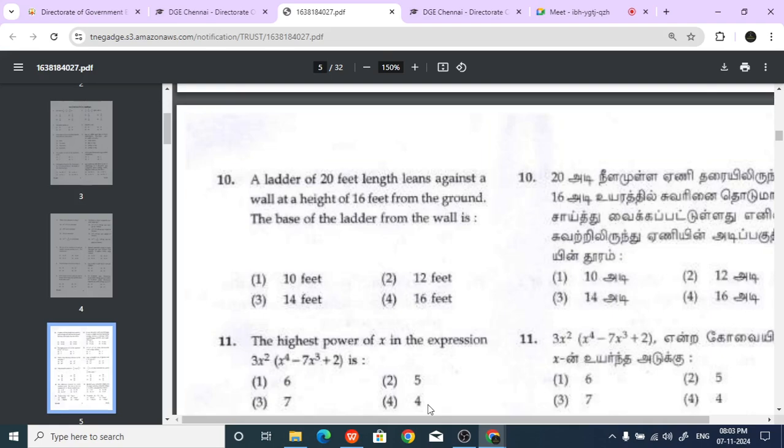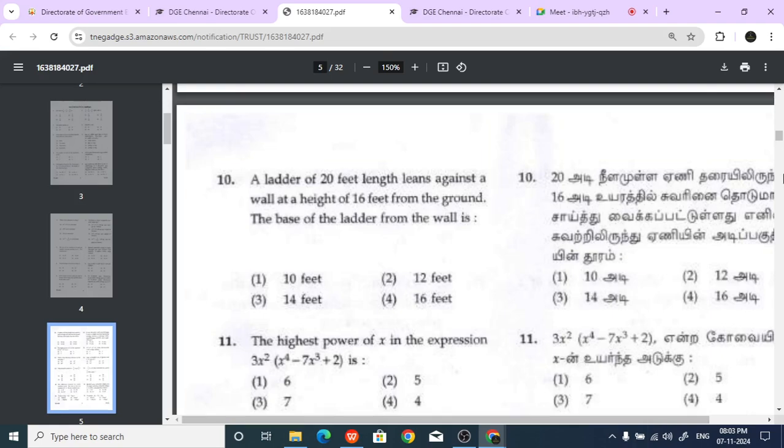Keenly look at it. They are asking the power of x. 6, sir. 6 is the answer. Why are you confusing? 3x square into x power 4 will give you 3x power 6, isn't it? That is the highest power possible. 3x square into minus 7x cube will give you minus 21x power 5. So the highest power is 6.